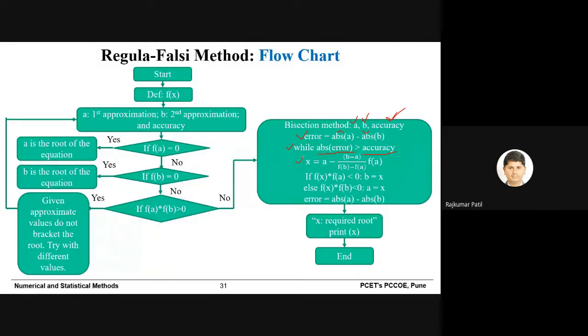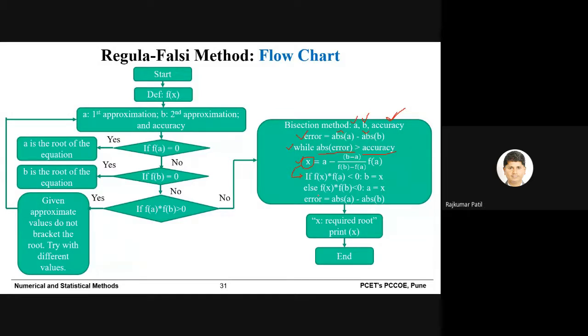Then here we write the formula for the root by the regula falsi method: x is equal to a minus (b minus a) upon (f of b minus f of a) into f of a. You can write this formula as per your derivation. Then once you get the value of x, we check if the product of f of x and f of a is less than 0.